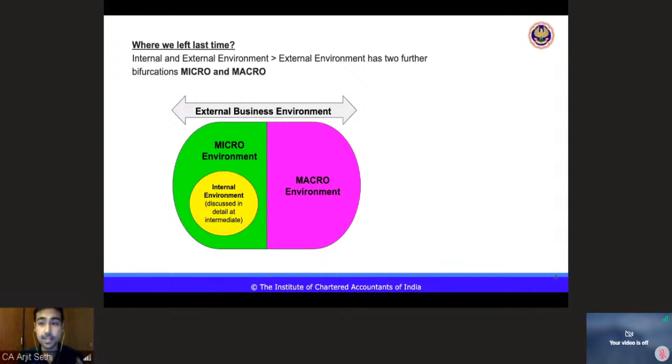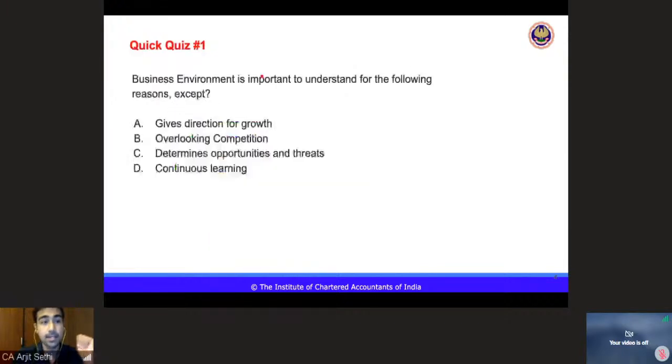What we're concerned with at the foundation level in business and commercial knowledge is to understand the external environment, right? Our focus should be on understanding the outer picture, getting into the more complexity of businesses at the intermediate level. So what we're discussing today is micro as well as macro components of external environment, right?